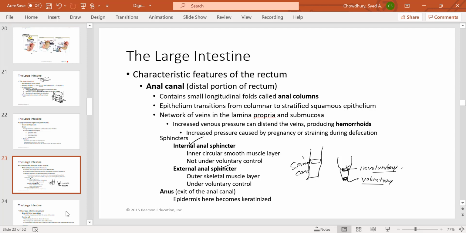First you voluntarily relax the external sphincter, okay, and that signal goes to the spinal cord, and then the spinal cord sends a signal. This is not voluntary, right? This is autonomic. It will go to the internal sphincter to relax this one. So now this one is relaxed, so the fecal material will move down, and this one you voluntarily relaxed, so the feces will get out.